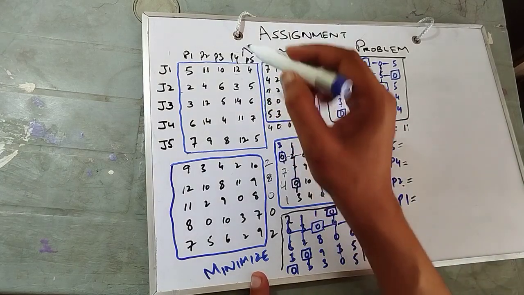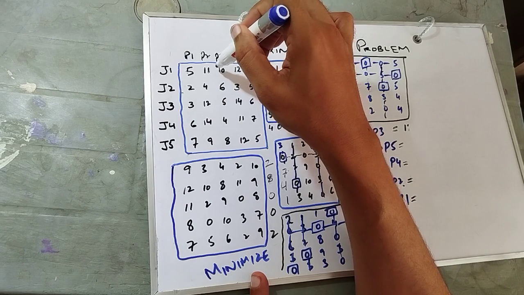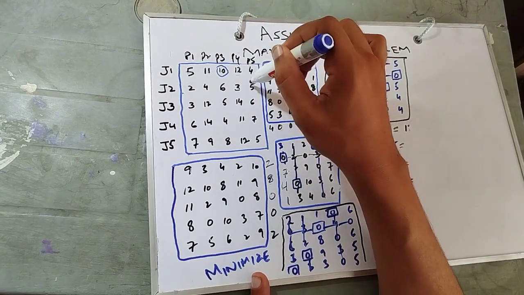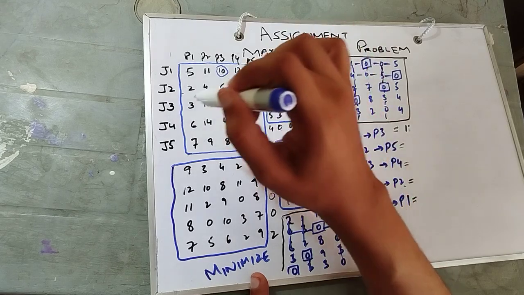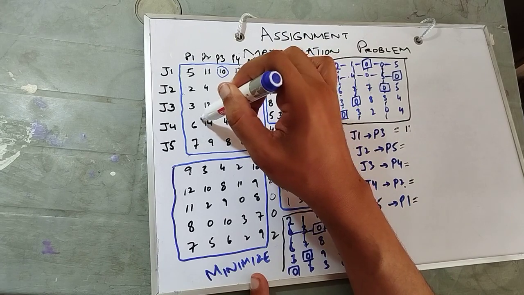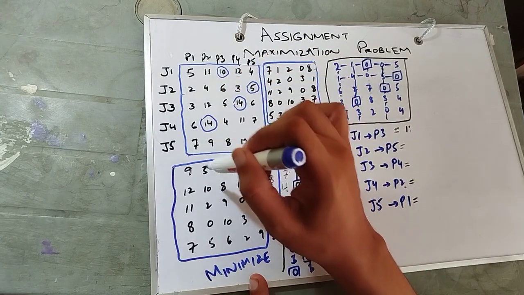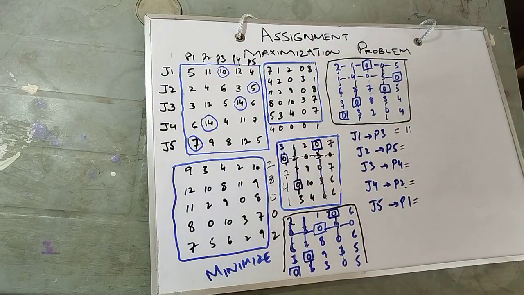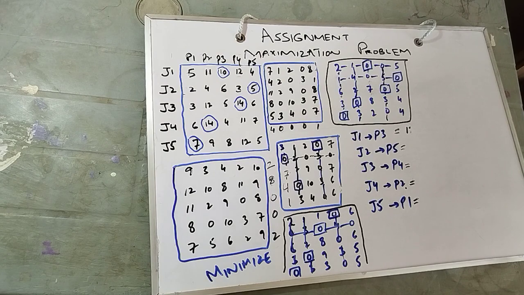So 10 over here, the 10 is assigned. Over here, the 5 is assigned. Over here, the 14 is assigned. Over here, this 14 is assigned. Over here, this 0 is assigned. Like this. So we have to write all of them one by one.